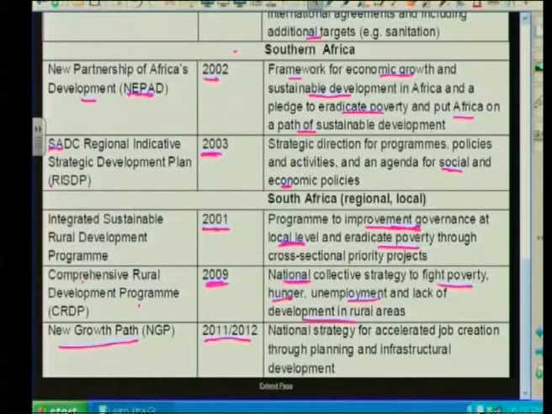Note the date. It's a national strategy for accelerated job creation through planning and infrastructural development. Infrastructural development speaks specifically to the development of transportation networks as well as railways, example, the Gautrain. So let's look closely at all these projects and try to understand them in the context of South Africa.